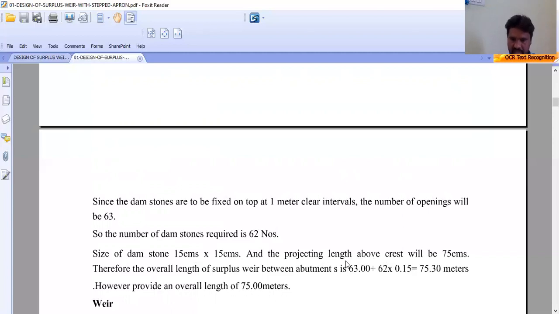So 63 is the actual length, but we fix 62 dam stones. What is the length of each dam stone? 0.15, so 15 centimeter. How many times is it affecting? 62 times. So now we can calculate the overall length, this is 75.30 meter.